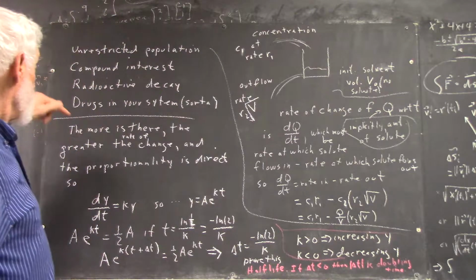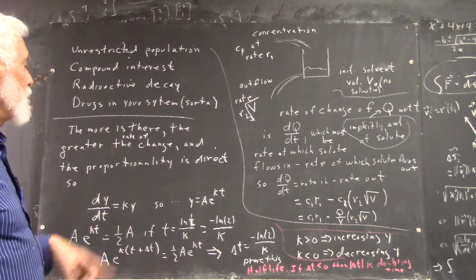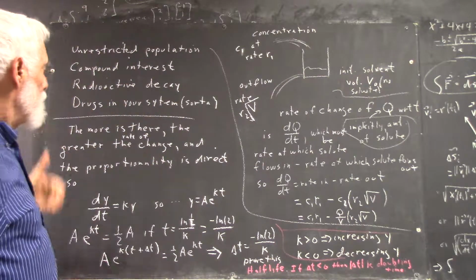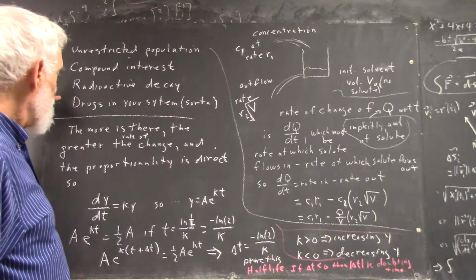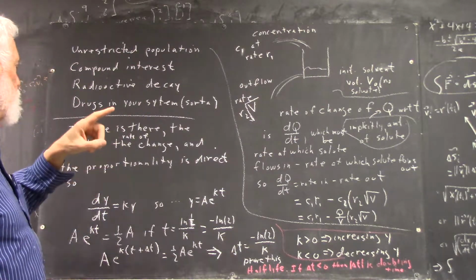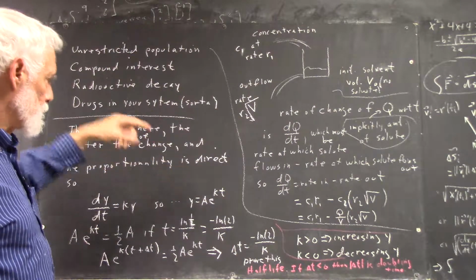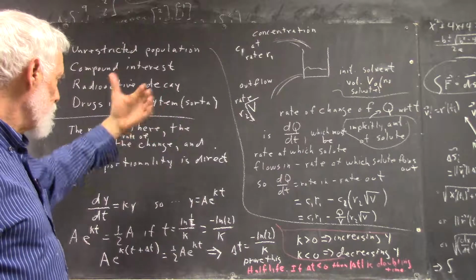Okay, so the idea is the more that's there, the greater the rate of change, and also for these models, we expect that the rate of change is in direct proportion to the amount you have.